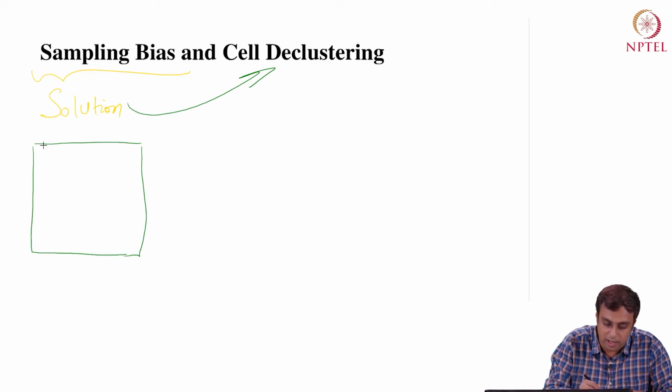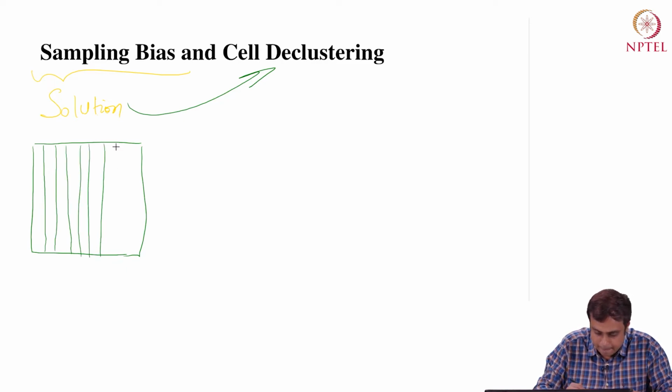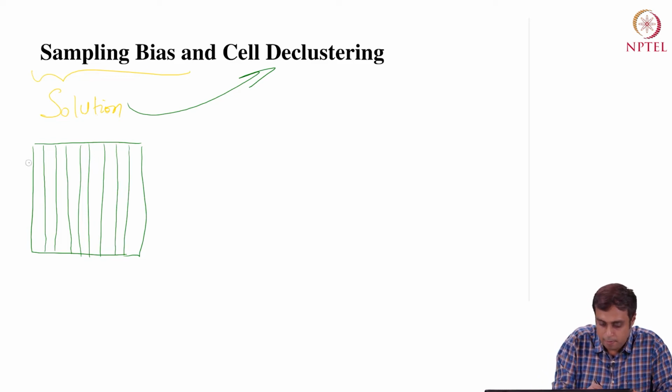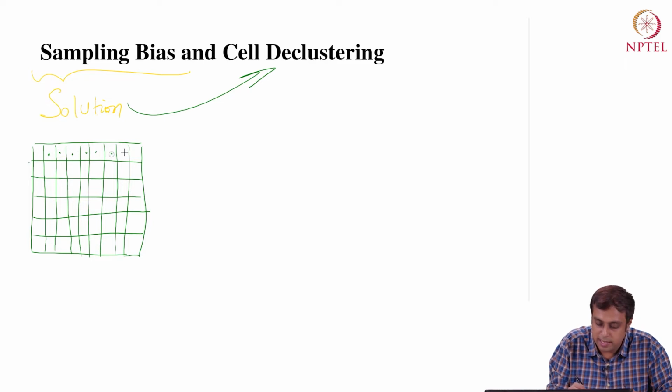So we have a grid cell, right, where we have sampling locations distributed across these cells, right? Some of these cells, or most of these cells, you can say will have one observation, but some of them can have more than one observation.